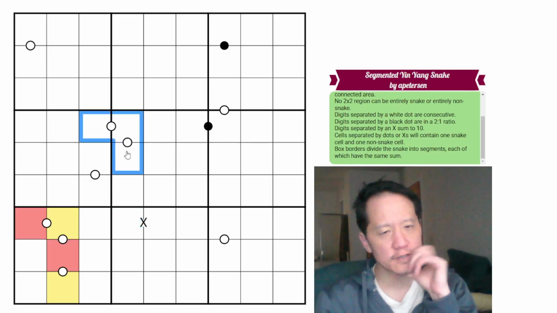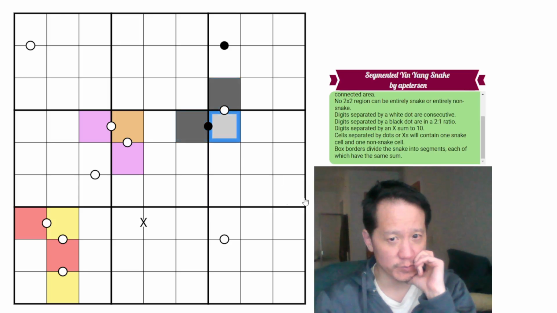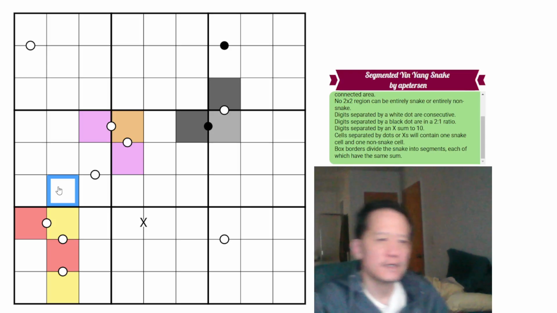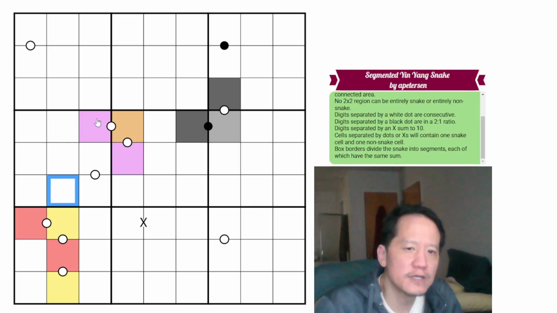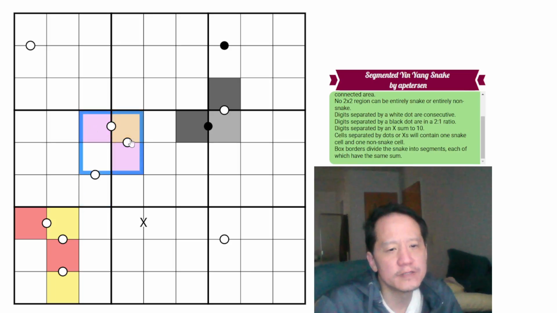And these are opposite too. So these two are the same. We're going to make those pink, I guess, and this orange. These will make dark and this one medium. Well, if pink is a snake, it has to go here. If it's not, orange has to go this way. One thing you know, okay, that's actually interesting.